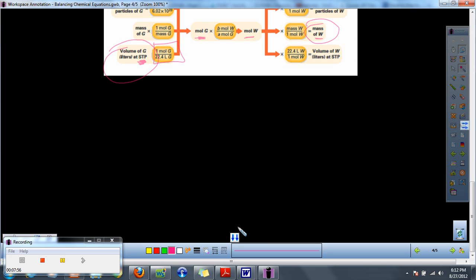We have 14.34 liters of O2. And to go from liters of O2 to moles of O2, for every 1 mole of O2, 22.4 liters of that gas are present, but only for a gas and only at standard temperature and pressure.